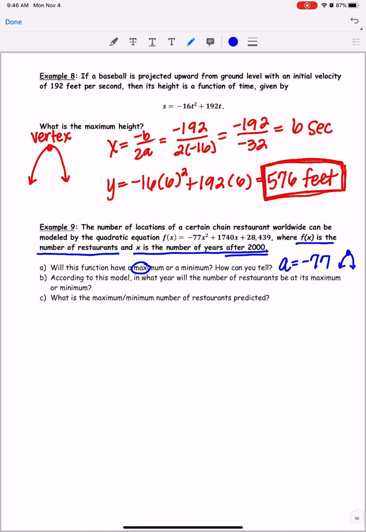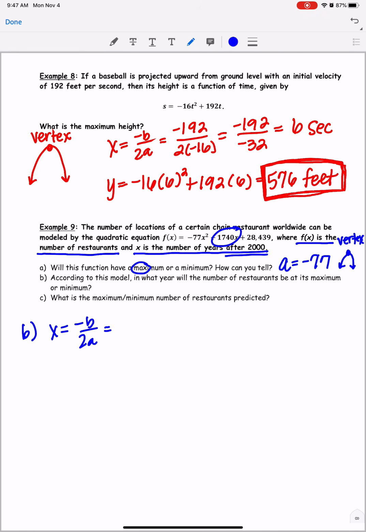So now B. According to this model, in what year will the number of restaurants be at its maximum or minimum? Again, what are we looking for? We are looking for the vertex. So that is my x equals negative b over 2a.